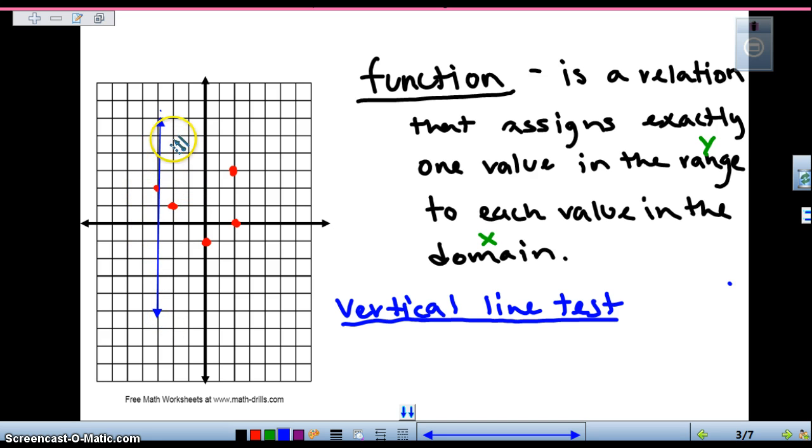So right here it passes the vertical line test because the line only passes one point. Here it passes 2. Let's check over this point. It passes. But let's see this one. Does it pass the vertical line test here? It does not pass because the vertical line passes more than one point. So this relation is not a function.